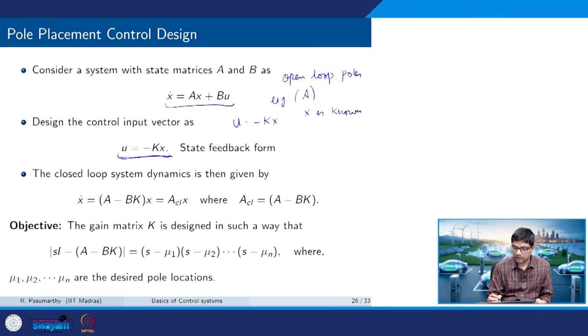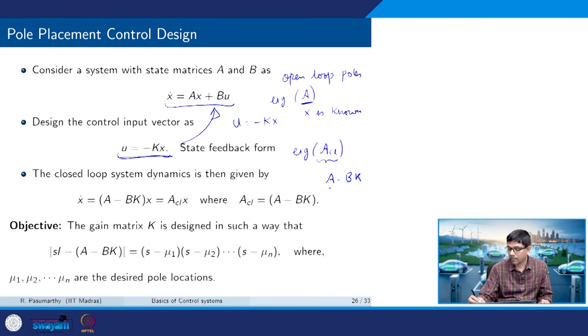Okay, under this, what happens now to the poles of the system? Well, I just substitute u equal to minus Kx back into this, and I get a new system matrix, whose eigenvalues define the closed loop poles. So, the original eigenvalues are the eigenvalues of A, or the poles of A. The closed loop poles are now given by the eigenvalues of A closed loop, which is A minus BK.